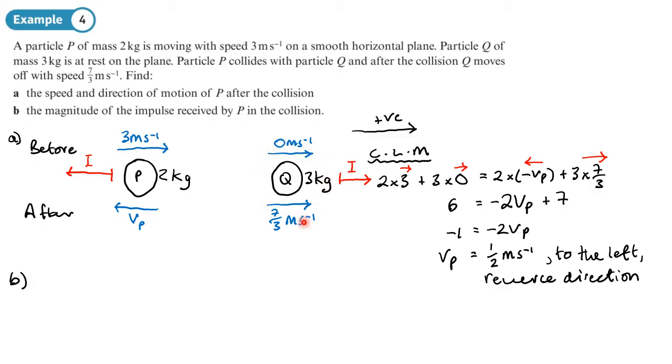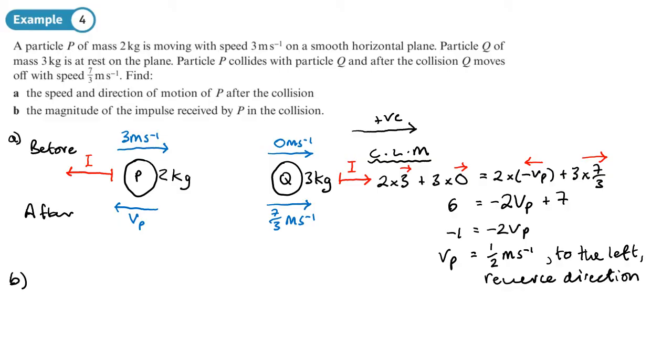And that way, I can't really make a mistake because I'm just going on the information I've been given. Whereas if I work out VP and get the wrong answer, then when I work out the impulse, I'm going to get it wrong. So always try and use the information that's given to work out an answer. Sometimes you've got no choice, you have to use your own answer.